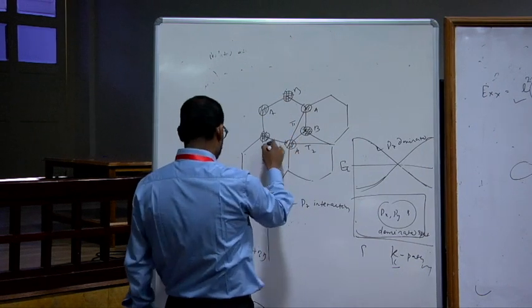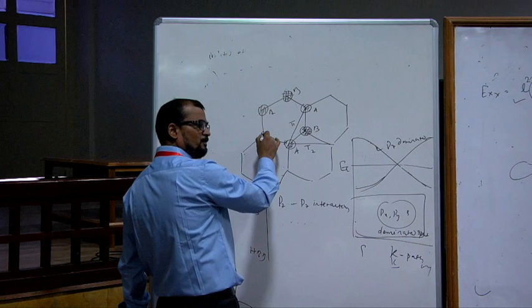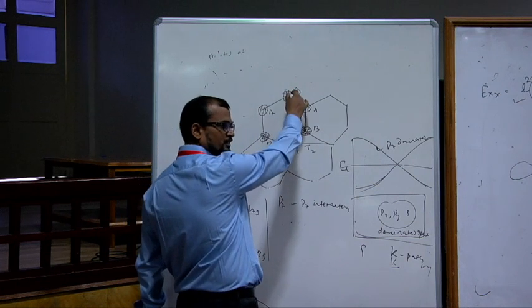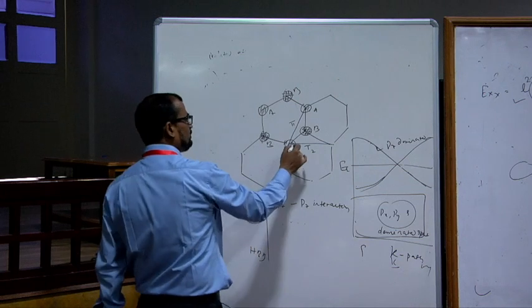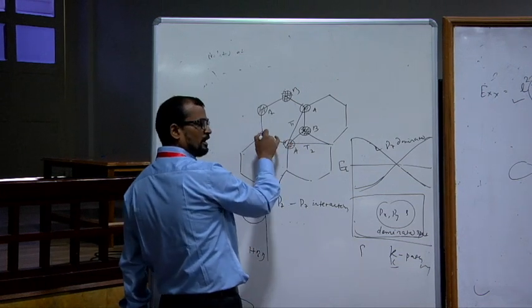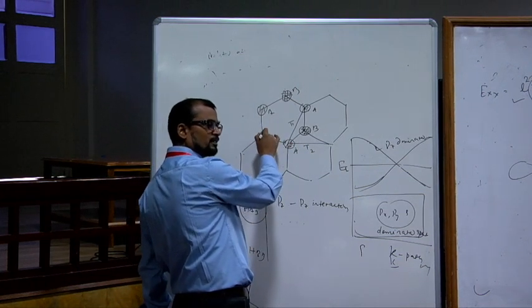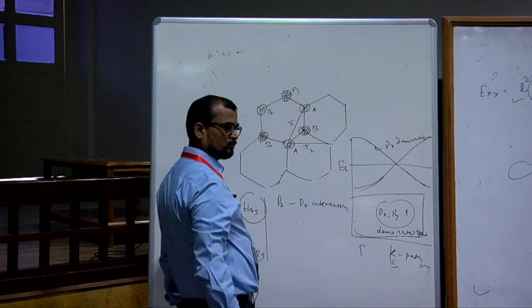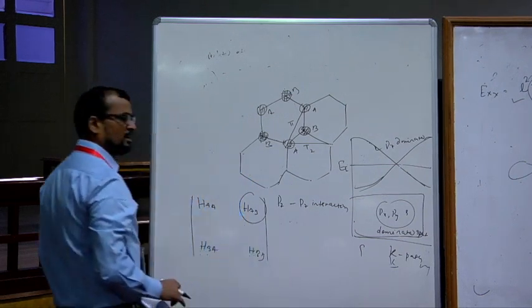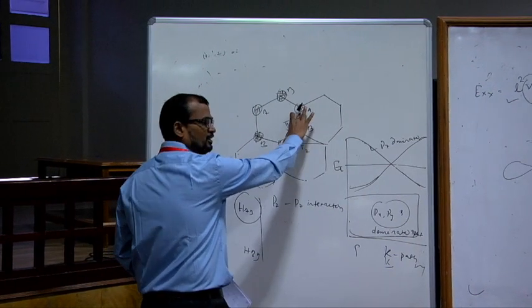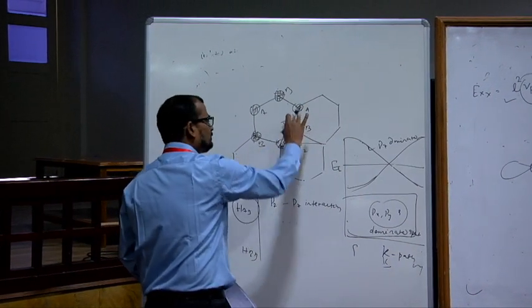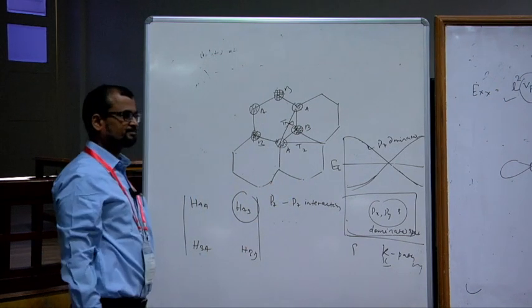BB means Pz orbitals of B interacting with other Pz orbitals of B atoms. HAB means Pz orbitals of A interacting with the nearest neighbor Pz orbitals of B, and so forth. For the time being, assume that this distance is far enough, so this interaction is weak.